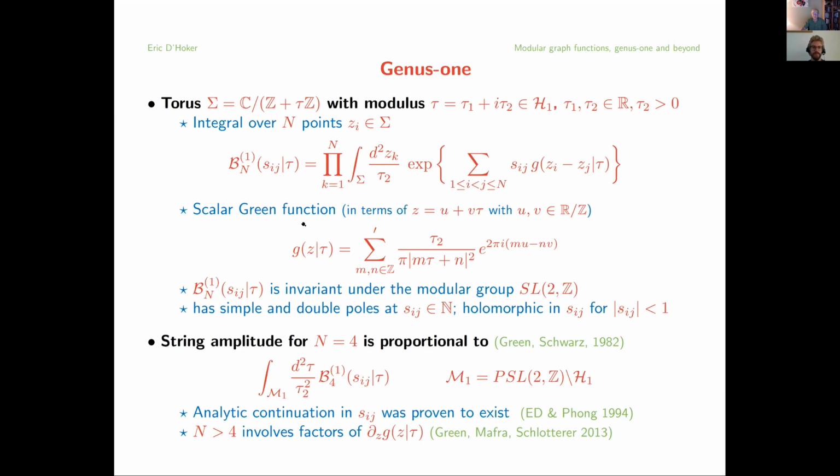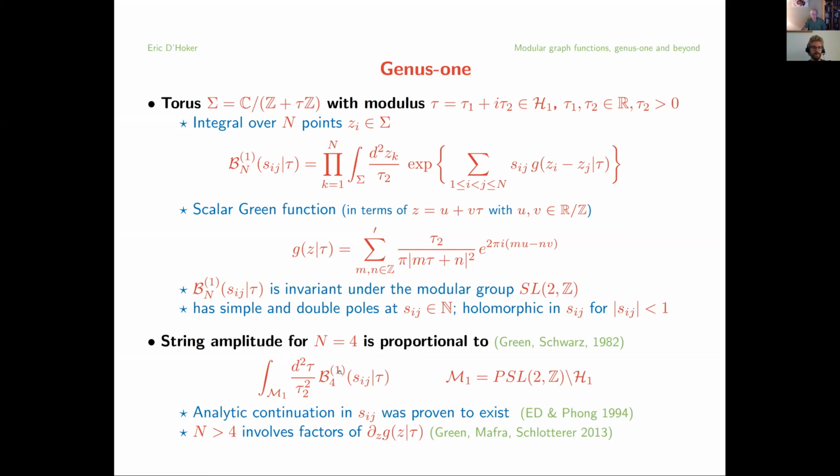Now, the full amplitude, as I said before, is actually the integral of this over the moduli space of genus 1. So that's what I wrote here with the Poincare invariant, the Poincare metric on the upper half plane. Now, this last integral produces more singularities.